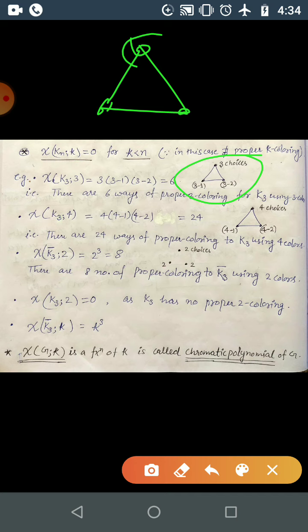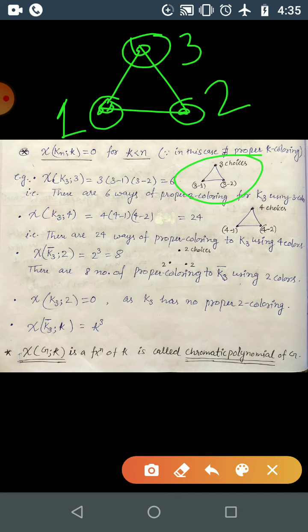So this vertex has how many choices out of 3? 3 choices. Now this vertex has one color, so that is fixed. We cannot use that for this vertex and this vertex because of adjacency, correct. So here 3 minus 1 and here 3 minus 2, that will be 1, correct. So 3 into 2 into 1 is 6.